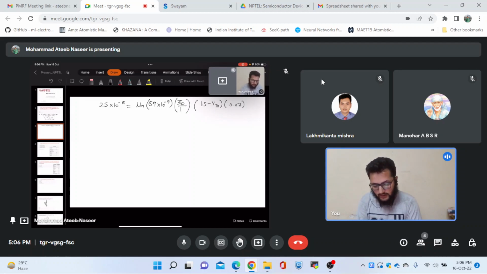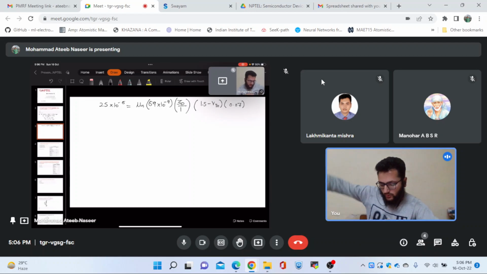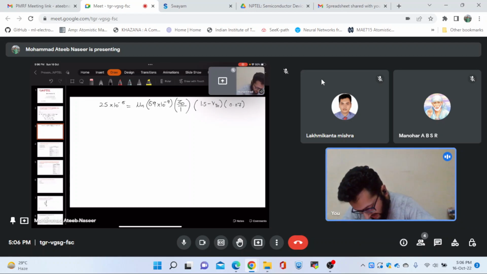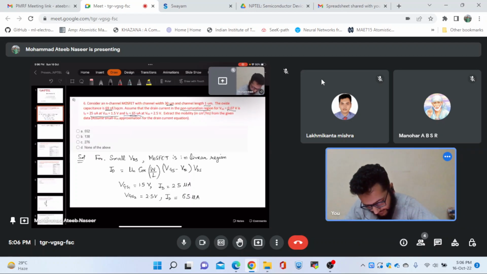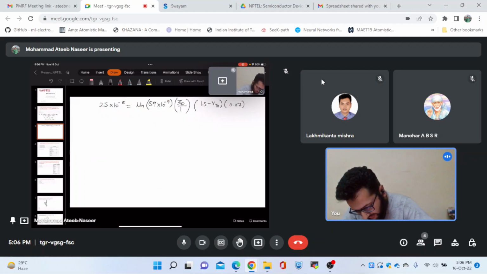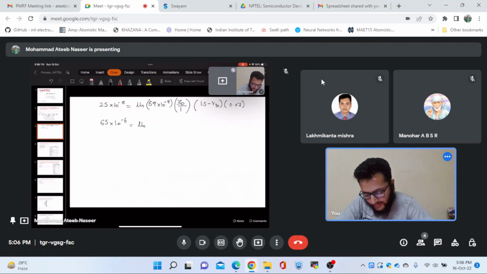So we need to have another equation, and that's why we have been given another bias condition, that is VGS2. For VGS2 we have been told that the current is 65 microamperes. So it is 65 into 10 raised to the power minus 6. Rest of the things will remain the same except the bias.